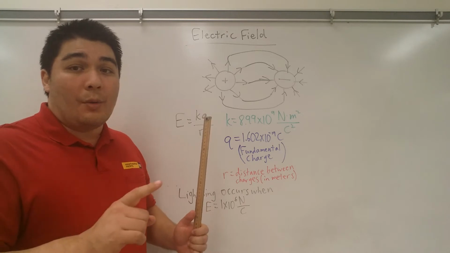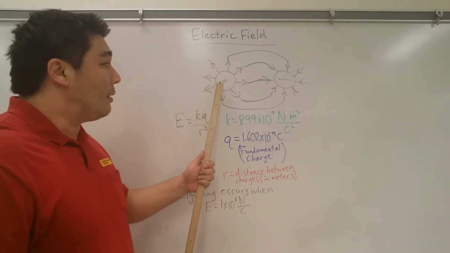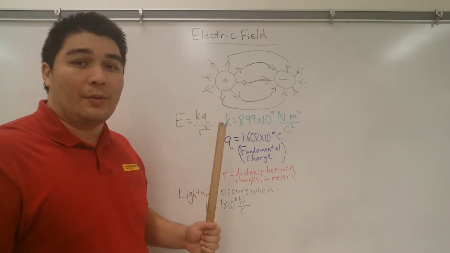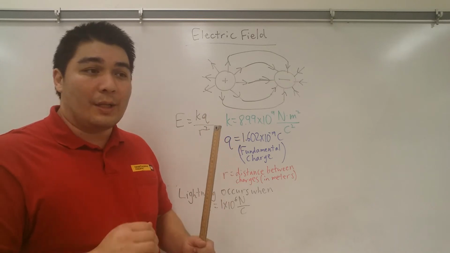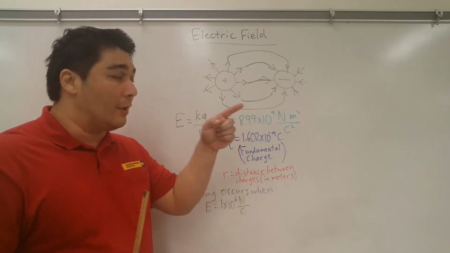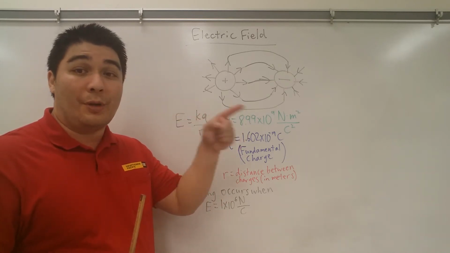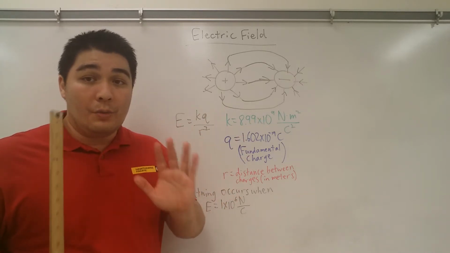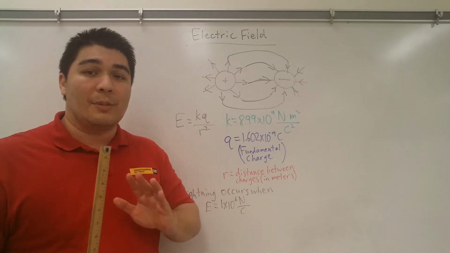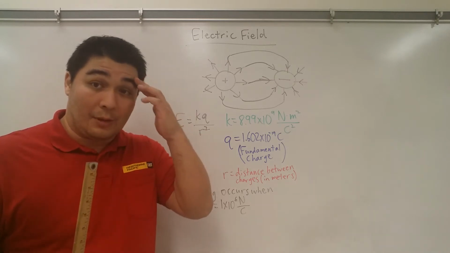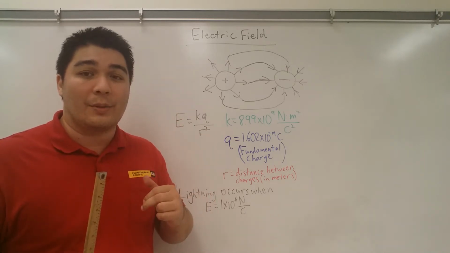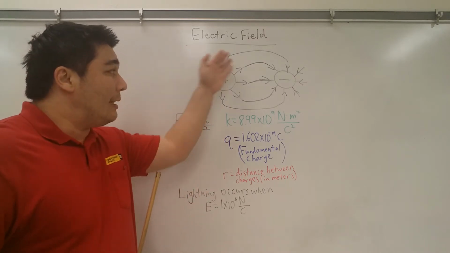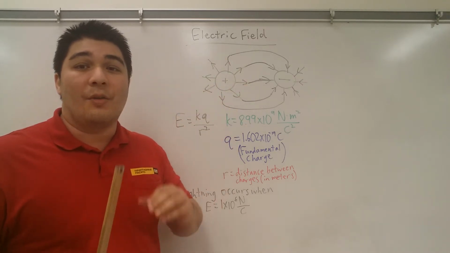Whichever way the field is pointing, you can tell what kind of charge it is. Now, I do want to caution you on this in terms of fundamental concepts. You can't think of these field lines as forces.